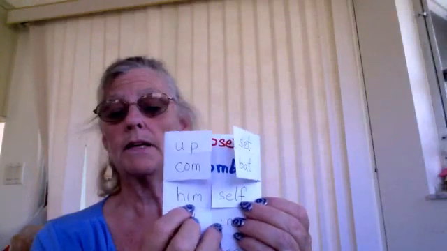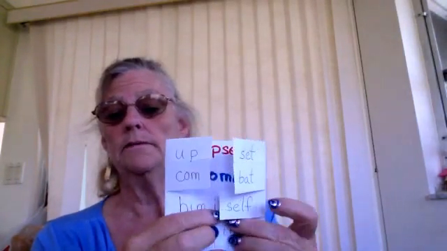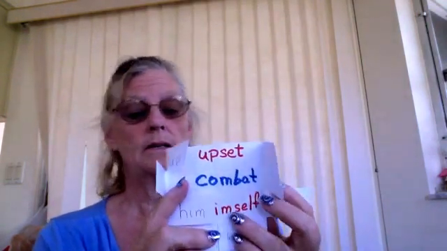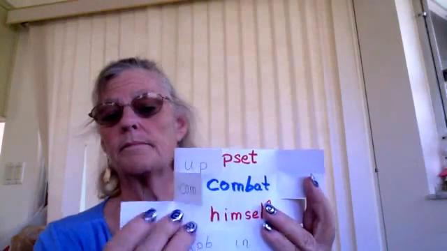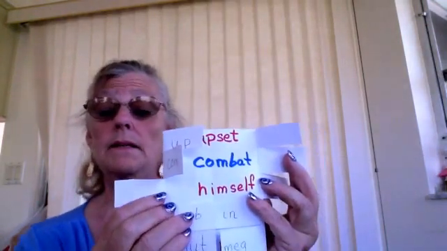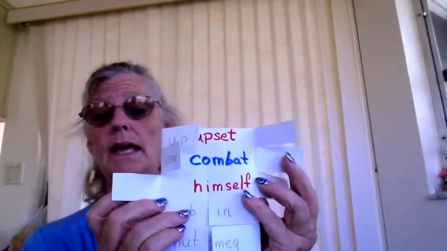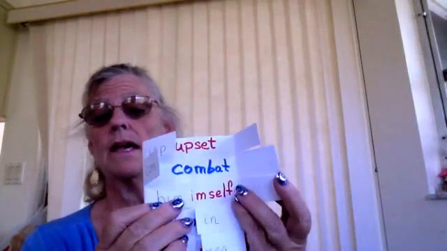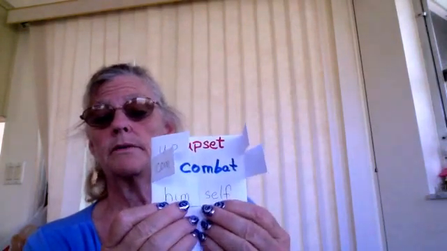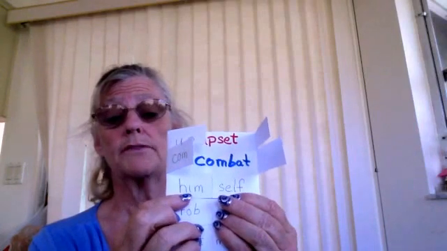So now we have him, self, and we have himself. Now, himself we also know as being a compound word because him is a word and self is a word. They are also both closed syllables.